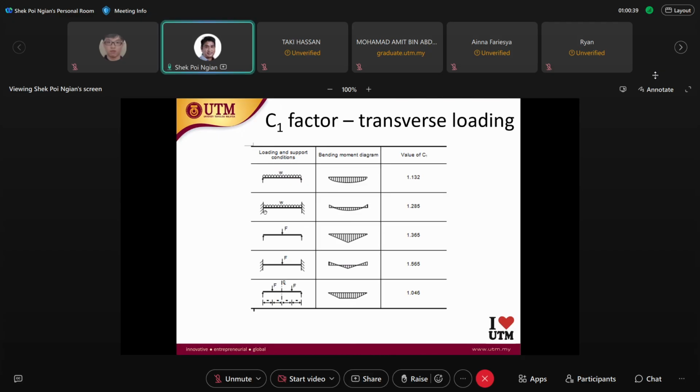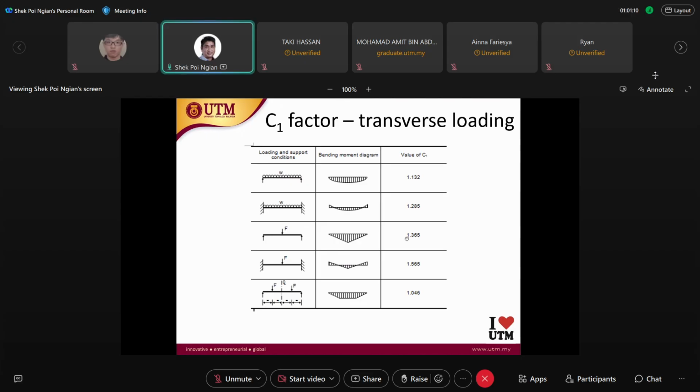If your beam is rigidly connected with uniform moment, then your C1 factor is 1.285. Your bending moment diagram will look like this. And if your beam is simply supported with one concentrated load, your bending moment diagram looks like a triangle.